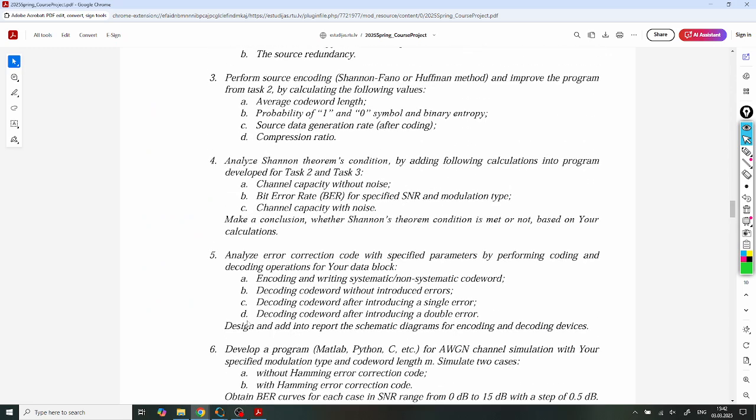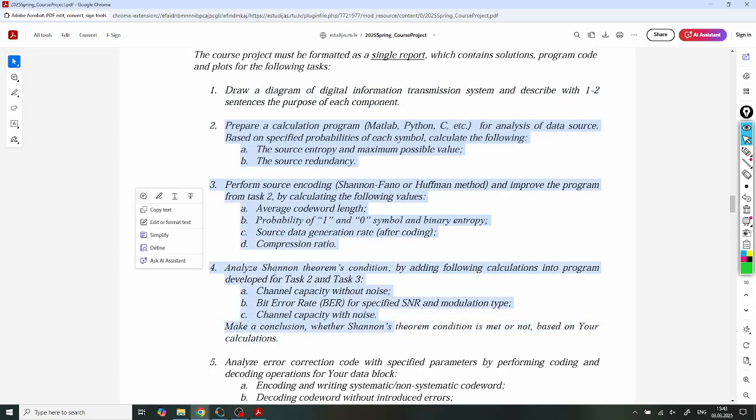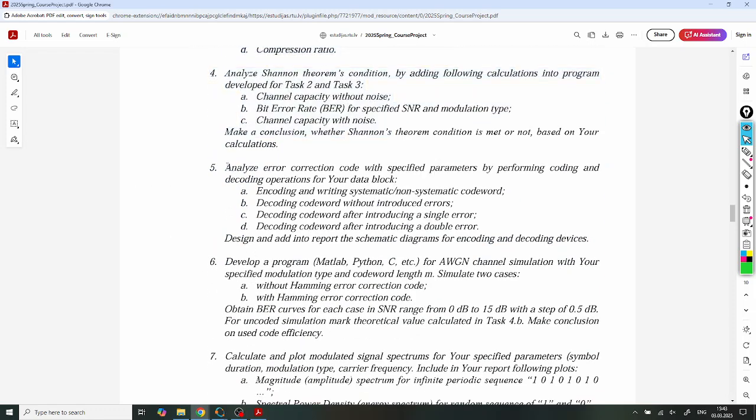Yes. So I already said that task 1 can be done already because that was our very first lecture, this diagram we discussed. Then once we get to information theory, we'll start working on this. After that, we'll switch to the error correction codes to do this part.